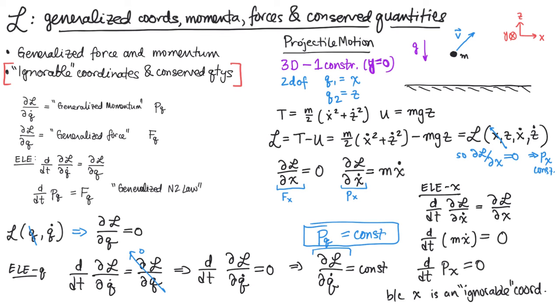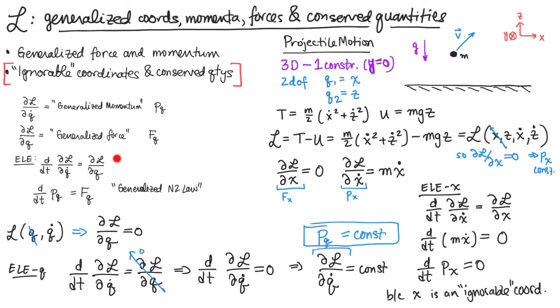Okay, that's all I wanted to do. I wanted to talk about generalized force and momentum, what that means in terms of the Lagrangian. We saw that the partial with respect to the coordinate corresponds to an associated force. We call that the generalized force. And we saw that the partial with respect to the velocity corresponds to the generalized momentum.